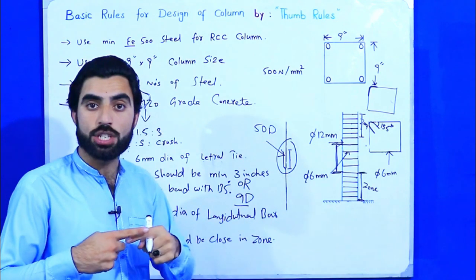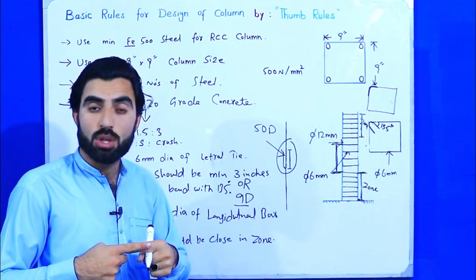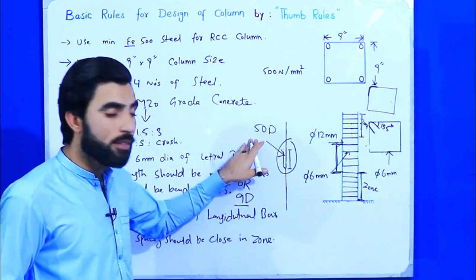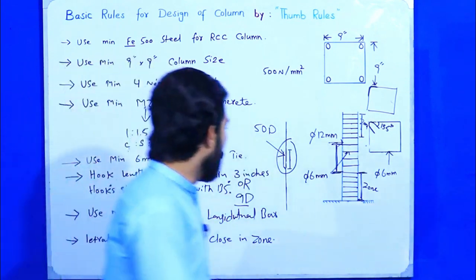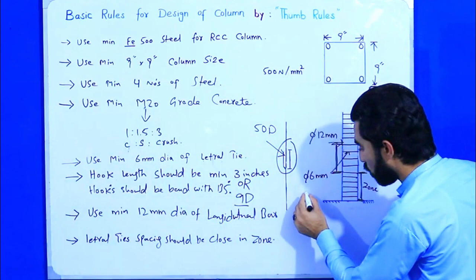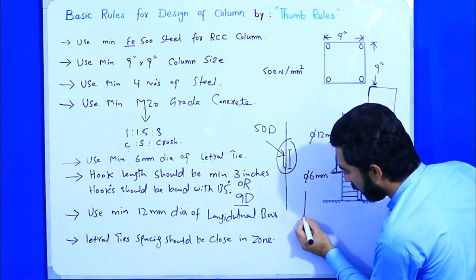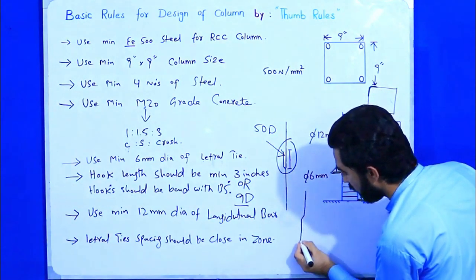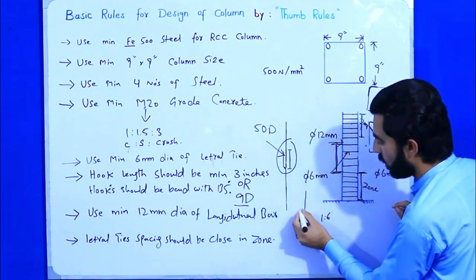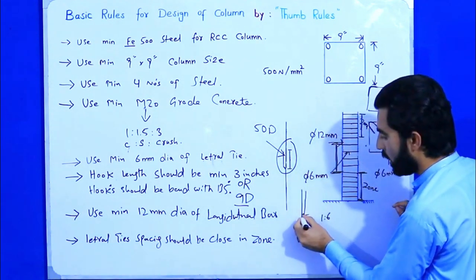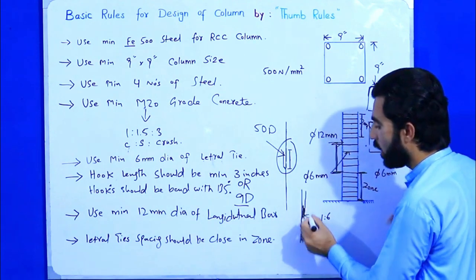Then you can overlap one steel bar with another to the length of 50D. Also, when you are lapping, you bend a bar at the lapping point like this. This slope should be 1:6. One steel bar should be bent for the lapping.